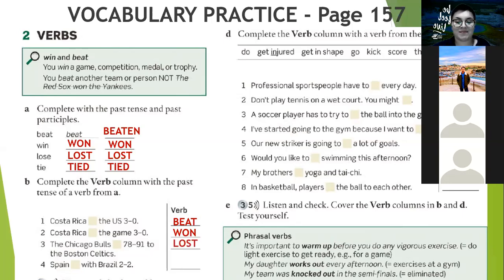Perfect. Very well. And the last one, Spain tied. Perfect. You're right. Tied. Very good. So do you see the difference here? In this example, it's really clear what's the difference between beat and win, okay? Great. And I will have one more exercise here. You can work on that as well.